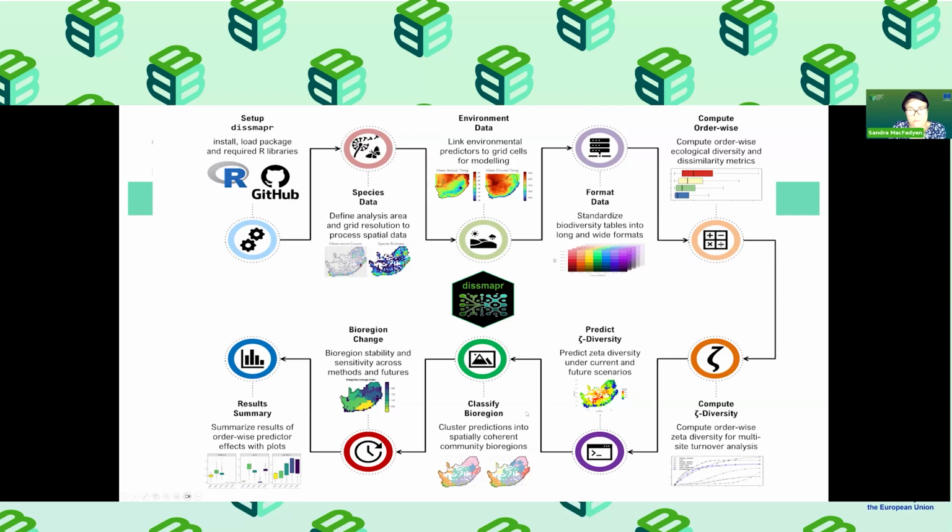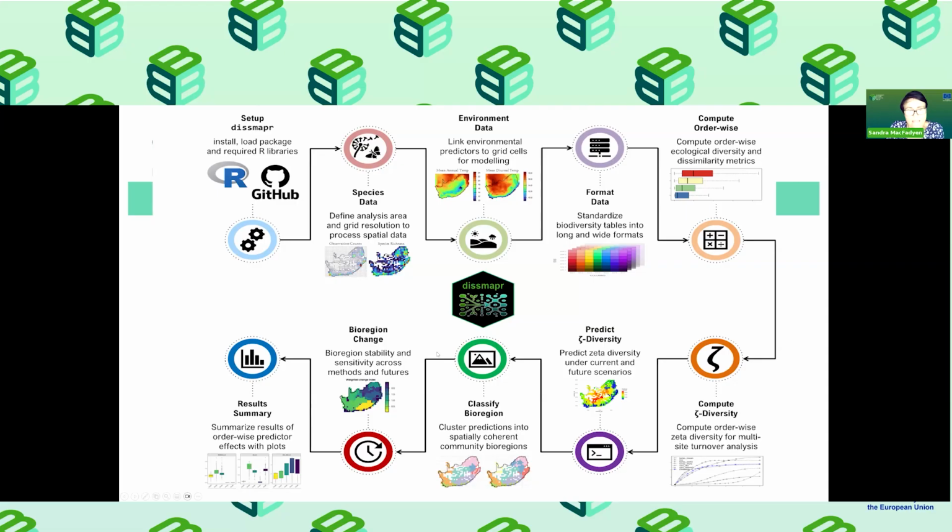Then we've also got some functions in there that can help classify bioregions. So that's clustering your predictions of this zeta diversity or species turnover into spatially coherent community bioregions. There are different methods in there that we'll walk through that you can choose that will do some clustering so that we can look at the general bioregions formed.